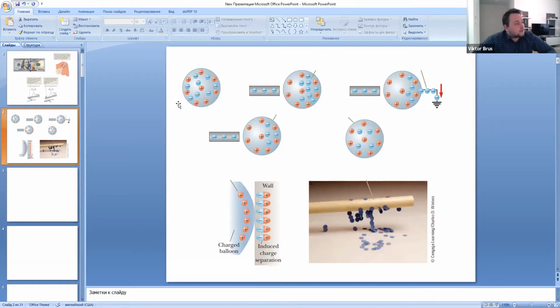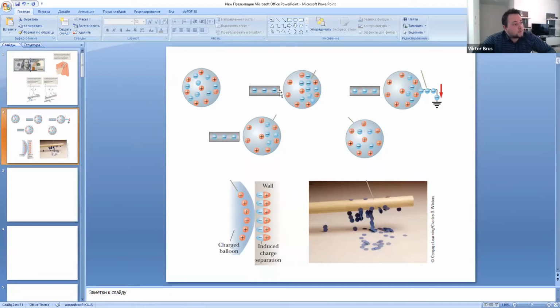For this purpose, it's nice to consider an example of a metal conductor sphere where we have an equal number of negative and positive charges. These negative charges are electrons. Positive charges are ions in the crystalline lattice, so they cannot move.